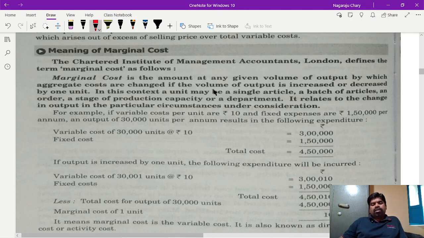That effect is to be known by the management, by the decision makers. If 1 unit is additionally produced, how much will cost increase? If 1 unit is decreased, how much will cost decrease? That is to be known by the management. That cost, whatever the cost is going to increase or decrease, is known as marginal cost.